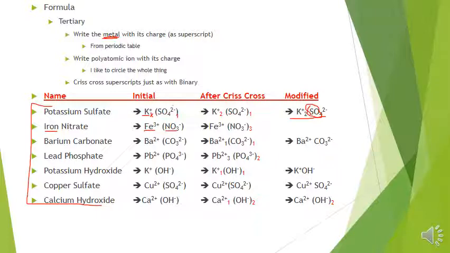Okay, iron nitrate. Iron is Fe3 plus. Nitrate is NO3 with a 1 minus charge. Don't get nitrate confused with nitride, okay?